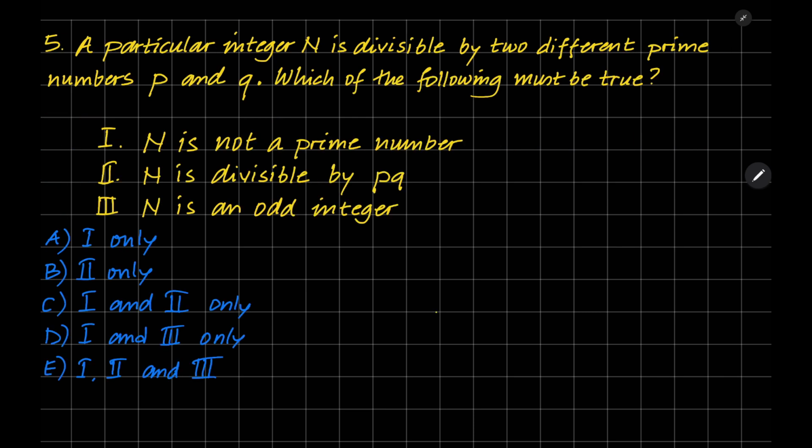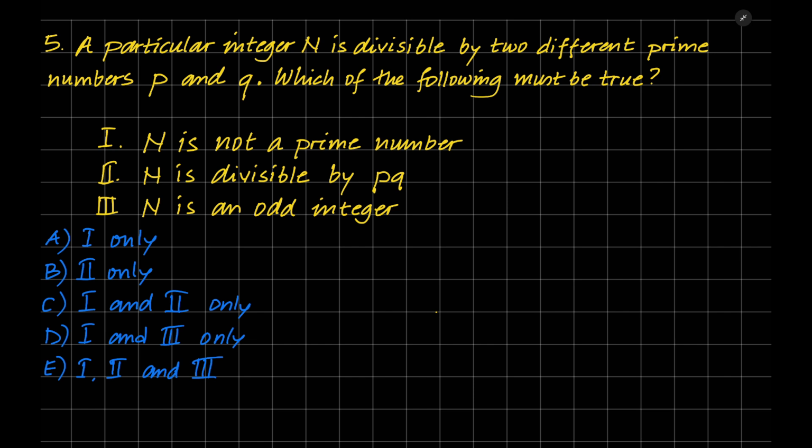Question 5. A particular integer n is divisible by two different prime numbers p and q. Which of the following must be true? 1. n is not a prime number. 2. n is divisible by p times q. 3. n is an odd integer.